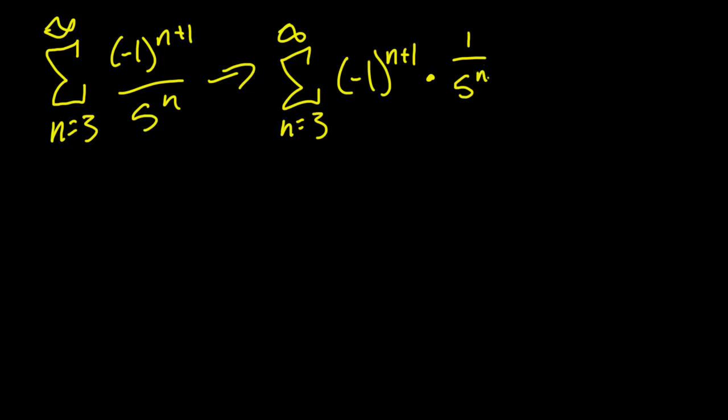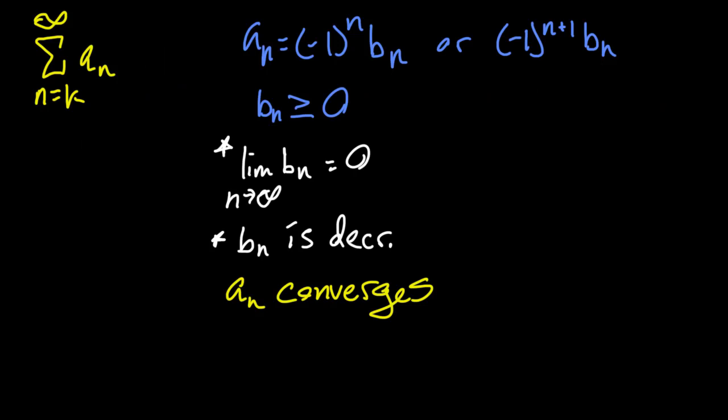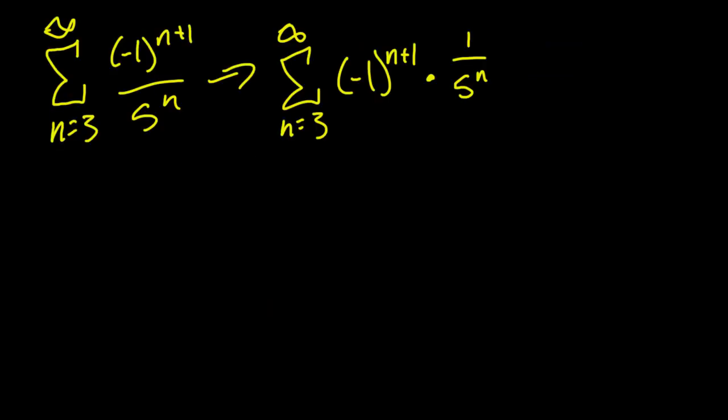And now we meet that criteria from the previous slide. We have this format where we have our (-1) to the n plus 1, and then we have some series. Our b sub n in this case is going to be 1 over 5 to the n power.